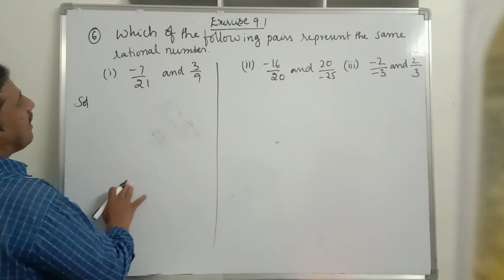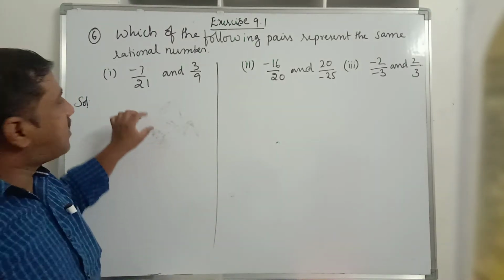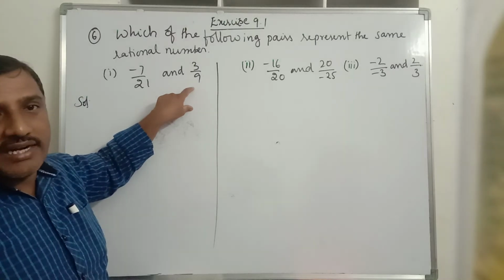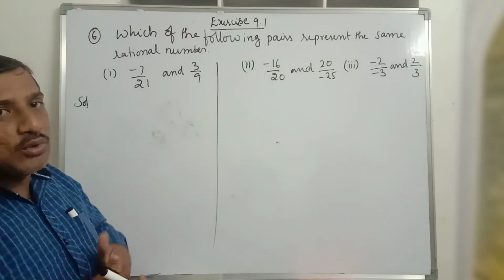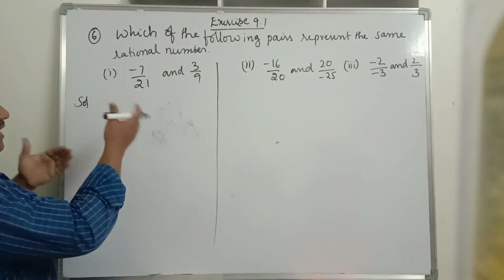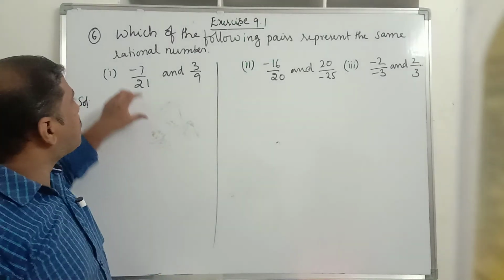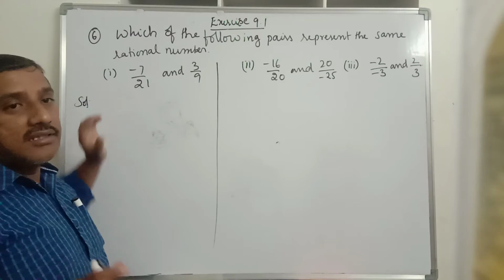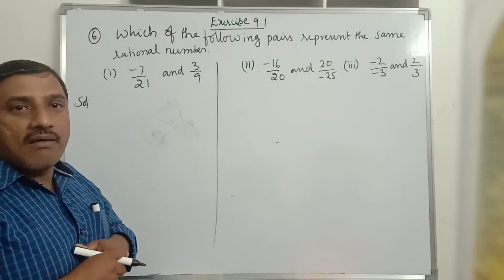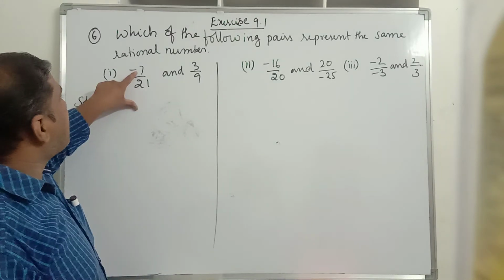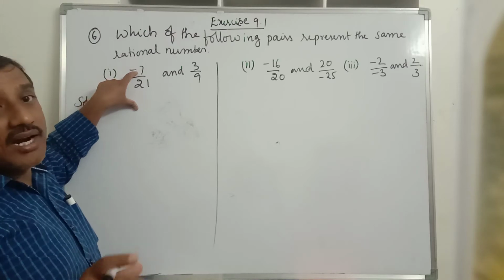Minus 7 by 21 and 3 by 9. Both the denominators are positive integers. Next you change them to the standard form. If it is not in the standard form, that is the simplest form, both numerator and denominator should have only 1 as the common factor. Take 7, factors of 7 are 1 and 7.